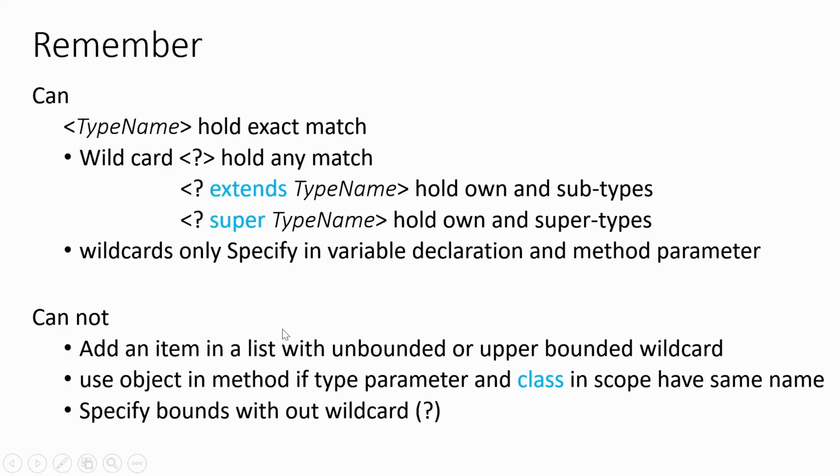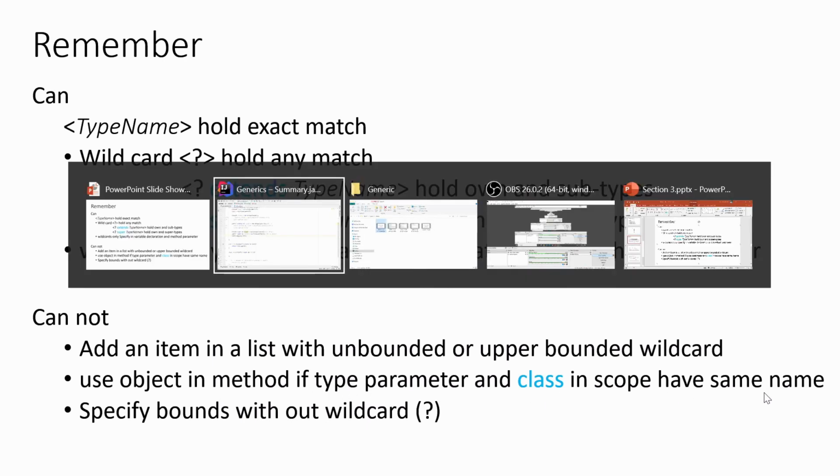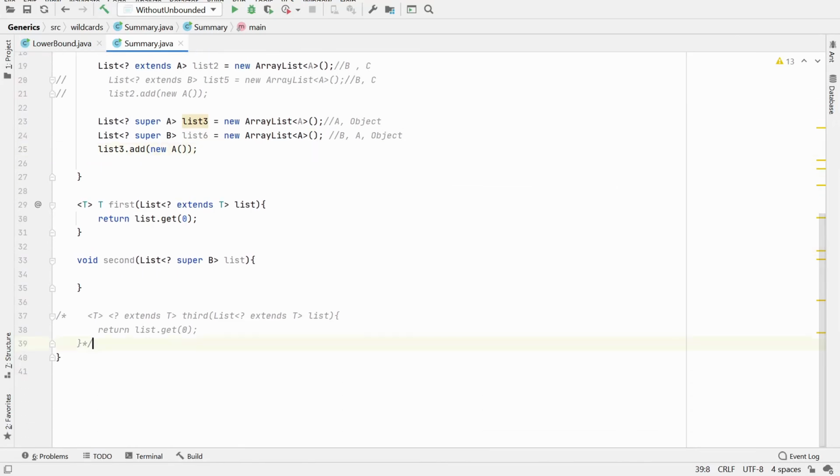Next, you cannot use object in a method if the type parameter and class in scope have the same name. What does it mean?